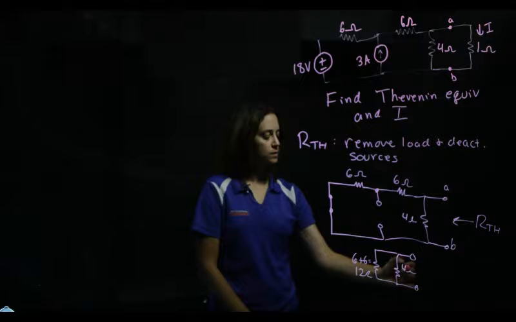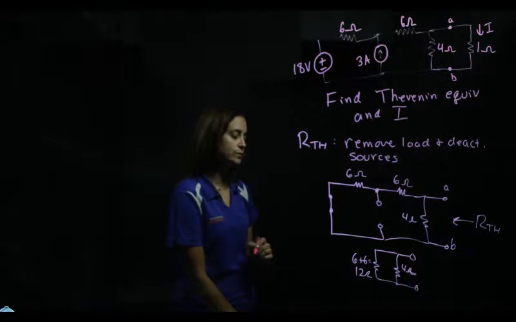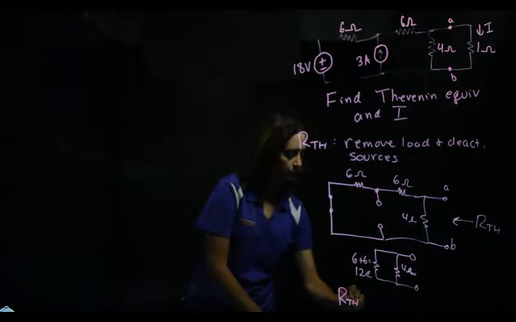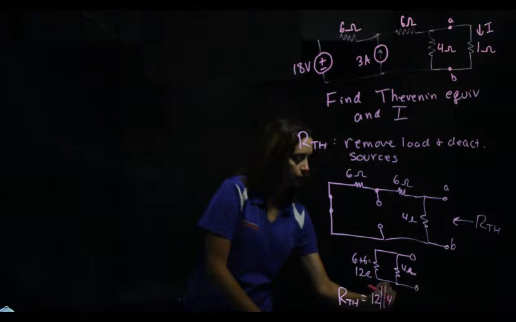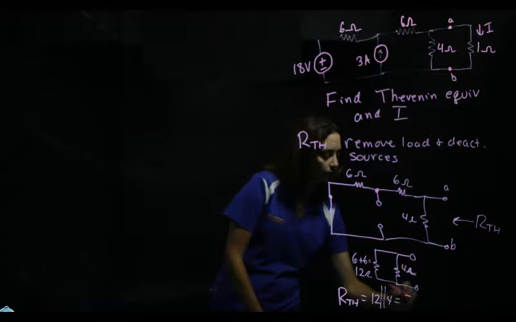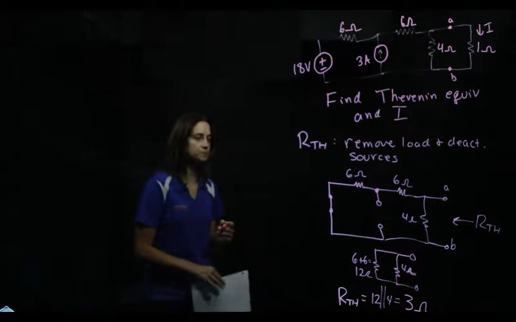That's an ohm symbol. That's just really sad looking. And now I have the 12 and 4 in parallel. So my R Thevenin will be 12 in parallel with 4, or 48 divided by 16, 3 ohms. So that's how we find our R Thevenin.